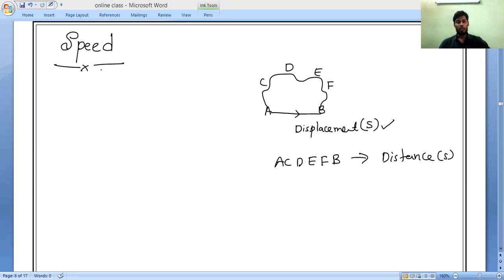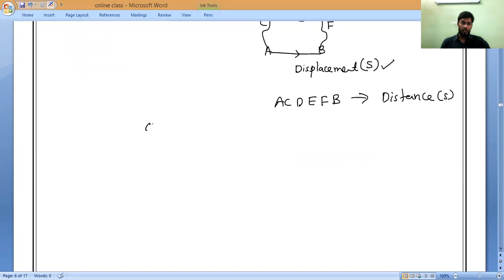For example, let me take Harish. Harish, are you there in the meeting? Let me imagine this is the starting point of Harish. Harish is at point A and he reached point B. The distance between point A and point B is 5 meters.